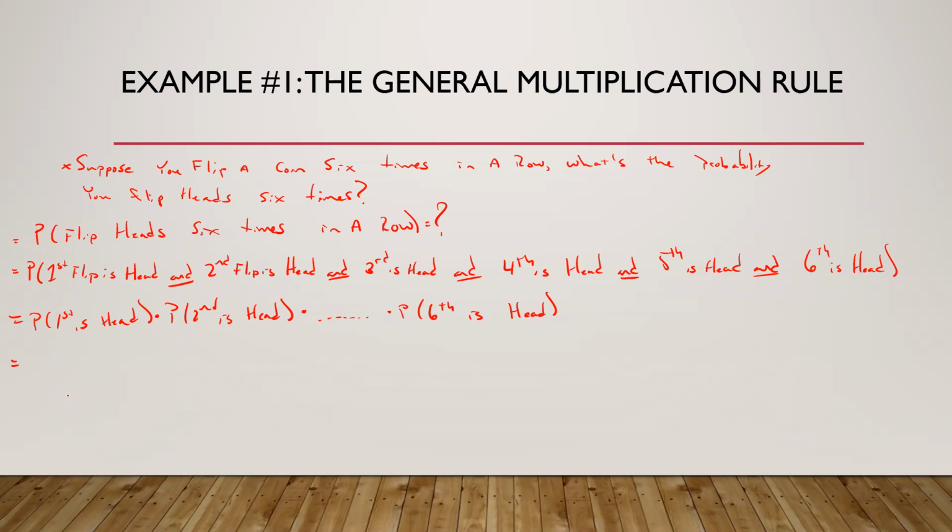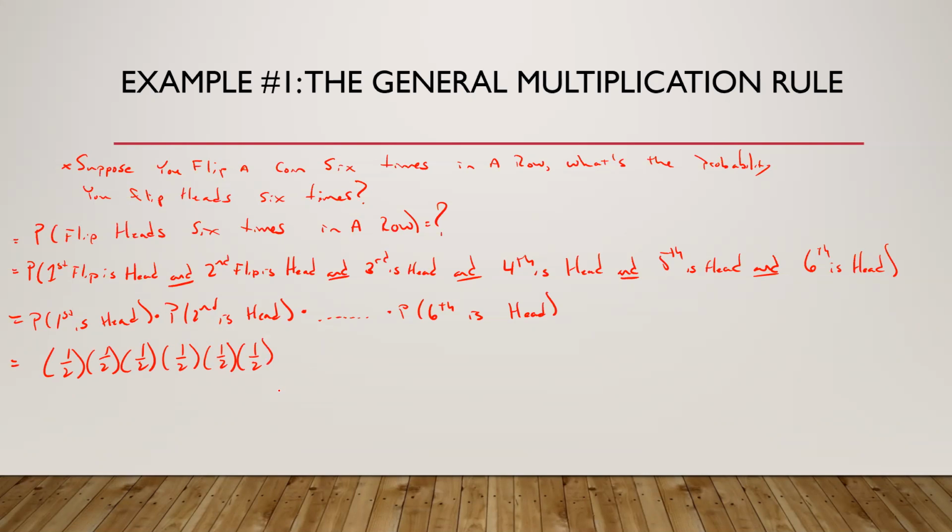Well, what's the probability you flip heads the first time? What's the probability you flip heads the second time? Same thing. And the probability of heads the third time is 1/2, and the fourth time is 1/2, and the fifth time is 1/2, and the sixth time.